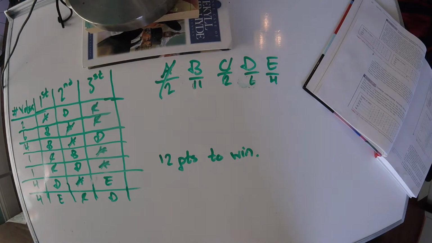Notice that still, hold up a second. D has 4, now D has 6. B has 11. First have 10.